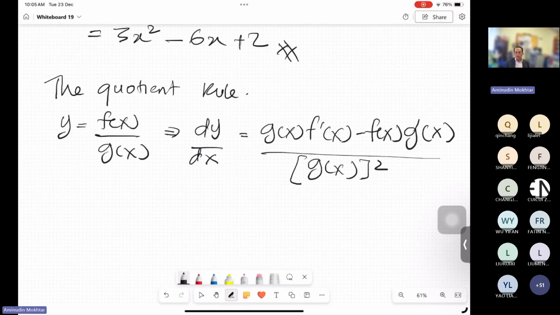That's the quotient rule. You can find this formula on page 7.